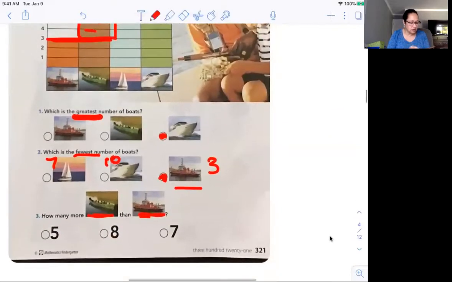So there it is, 5. You see, there are 5 more canoes than there are tugboats. That's what they wanted to know. So you're going to fill in the little bubble next to the 5.